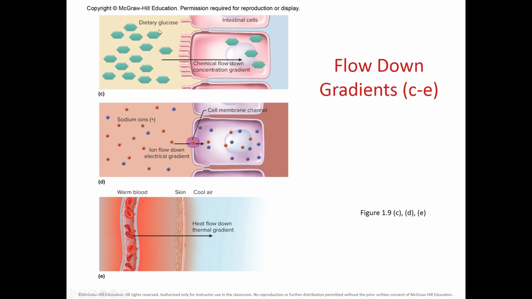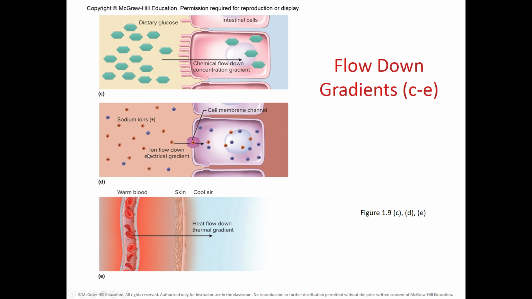So if you have outside of your intestinal cells a high concentration or many molecules of glucose, these molecules of glucose will flow down their concentration gradient. So from more to less. Inside the intestinal cells, you don't have as much glucose. So the molecules of glucose will flow from high concentration to low concentration, or down their concentration gradient.